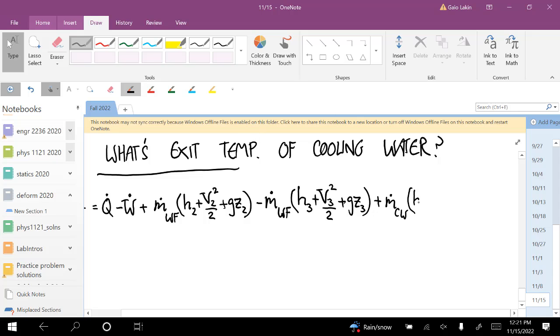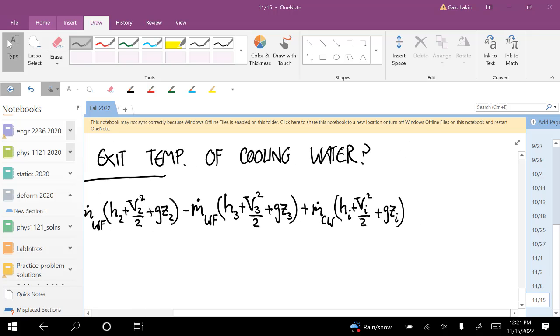So this is Hi plus Vi squared over 2 plus gZi, and then minus what's happening at the exit of the cooling water. So m dot for the cooling water times the quantity He plus Ve squared over 2 plus gZe.